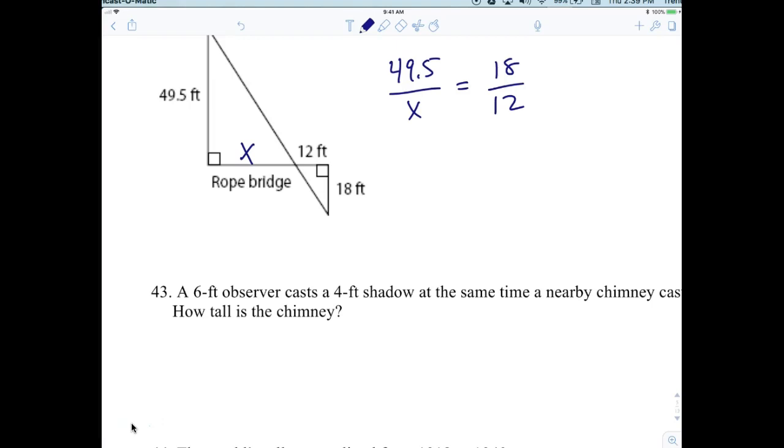Bradley, there are more ways to do it. Just tell me what your proportion is. 49.5 over 18 is equal to X over 12. Brilliant. Either one of those, give yourself a pat on the back. I promise you, if you're good with that, you're probably going to do extremely well. B or above.